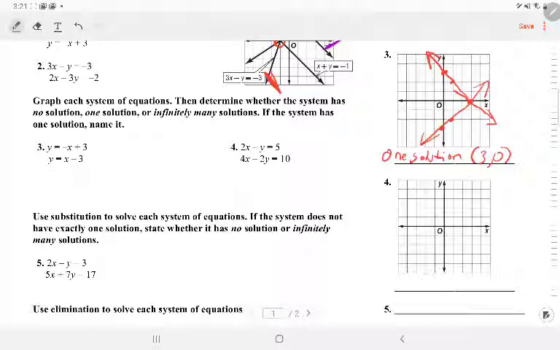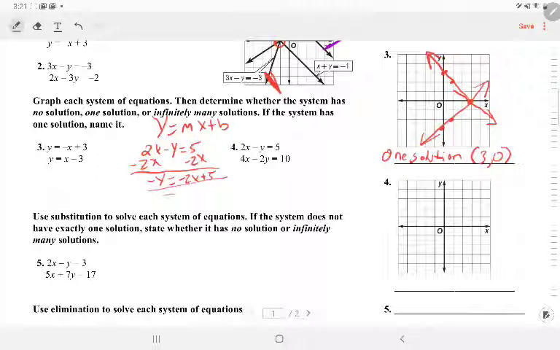All right. Number 4 is a little bit different. First, you would want to get the equations in y equals mx plus b format. So the first thing I would do is take my 2x minus y equals 5, subtract off 2x from both sides, and that's going to give me negative y equals negative 2x plus 5.